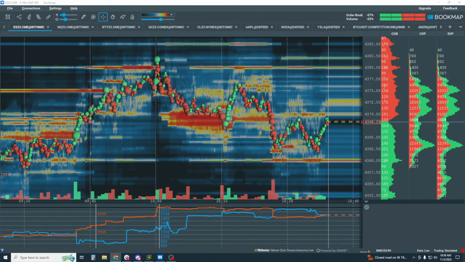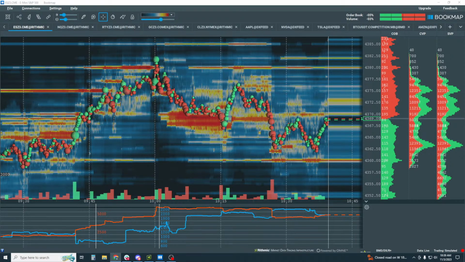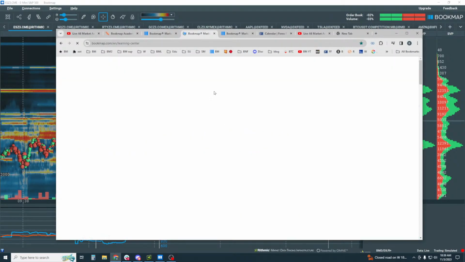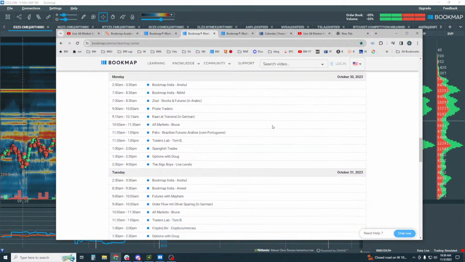And then, let me show you here. So we will have a meeting on, hold on just a minute. I'll show you. On our calendar, it's from the Learning Center. If you go to Bookmap Learning Center and you go to the calendar, you scroll down a little bit here.